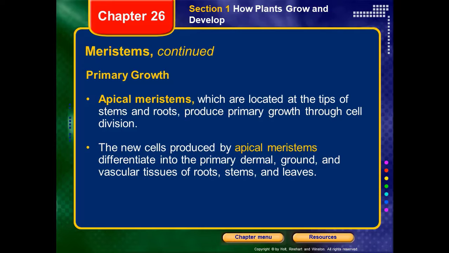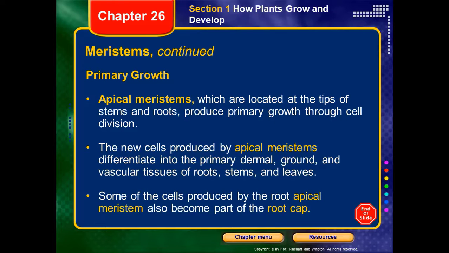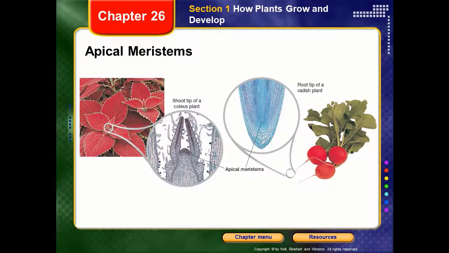These are the parts of plants. Some of the cells produced by the root apical meristem also become part of root cap. From this picture you can see the shoot tips of callus plants, apical meristems, these are the cells under the microscope, and this is the root of the radish plant.